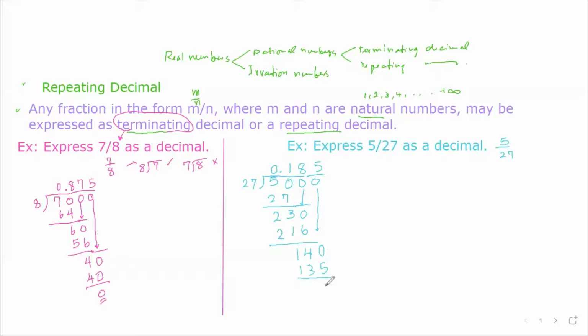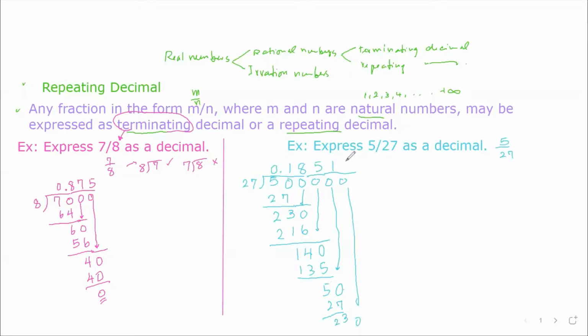This one, subtract, becomes 5. We couldn't divide again, so we borrow another 0 and bring it down. So you observe 50 repeats here again. If you continue dividing, it will be 1 again with 27, leaving 23 and carrying another 0, so they'll repeat.